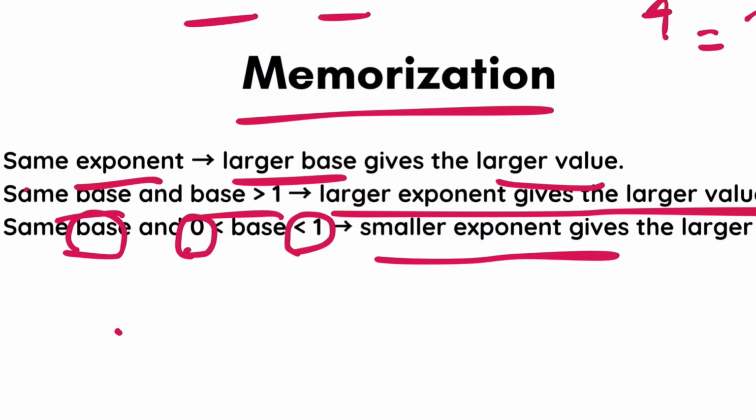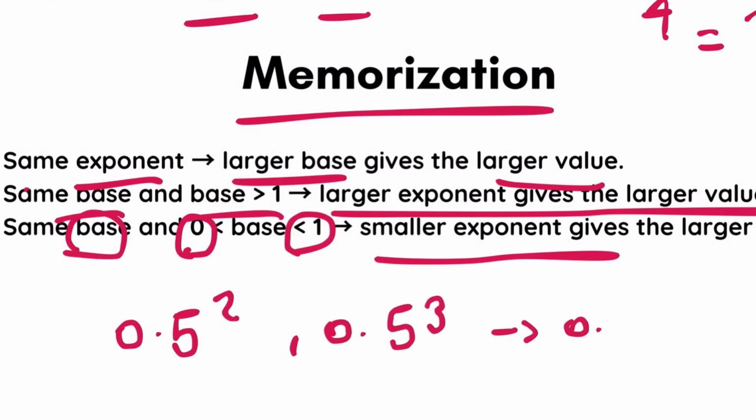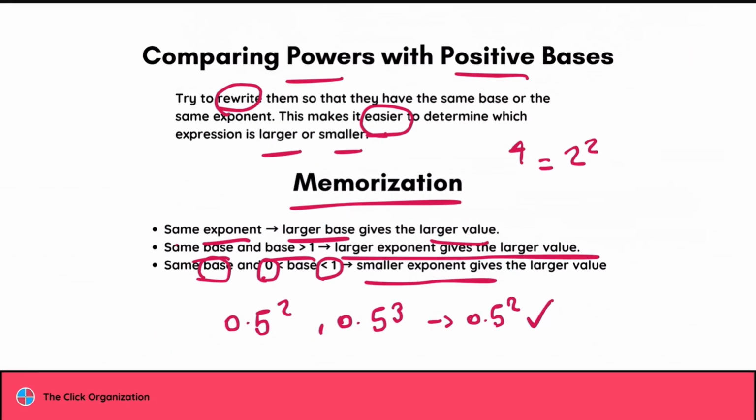Meaning if I have 0.5 to the power of 2 and 0.5 to the power of 3, 0.5 to the power of 2 will be larger, okay? So yeah, this is comparing powers with positive bases.